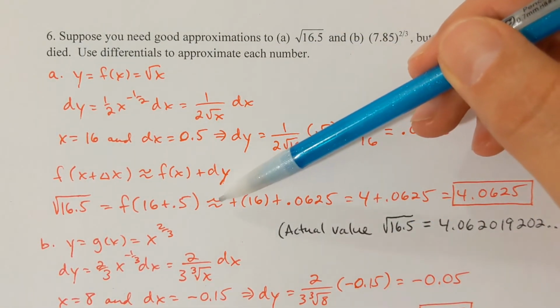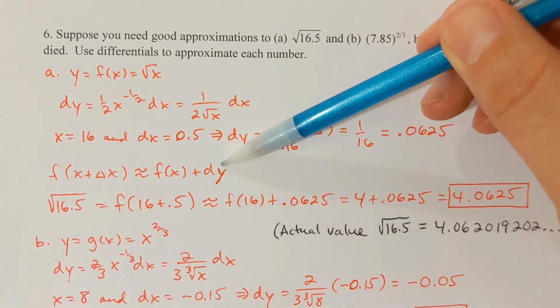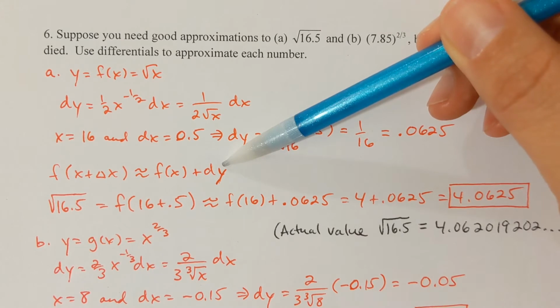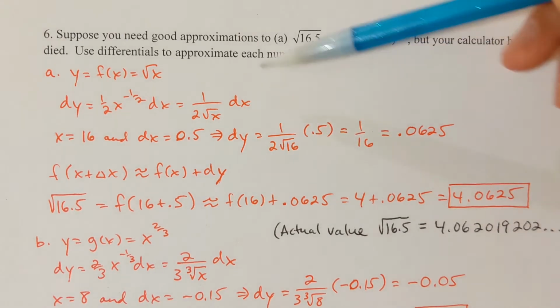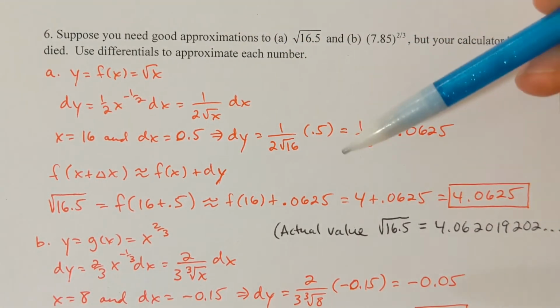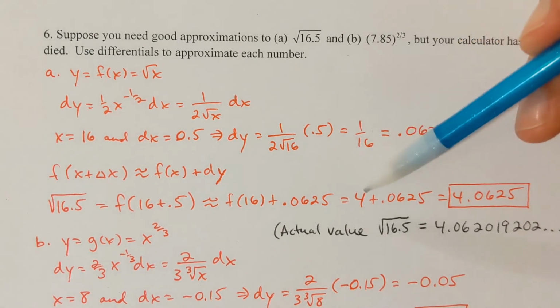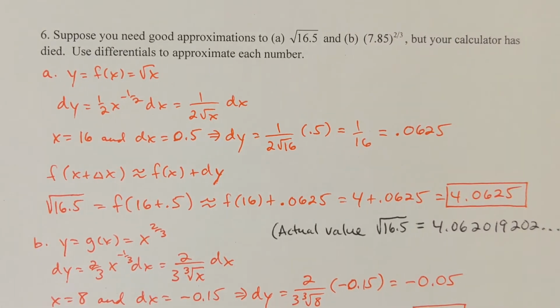Well, that number is going to be approximately equal to f of x plus dy. x is 16. dy, we've already said, is 0.0625. f of 16, well, that's 4, right? That's easy, we don't need a calculator for that. So all I've got to do is take 4 plus 0.0625. That'd be 4.0625.